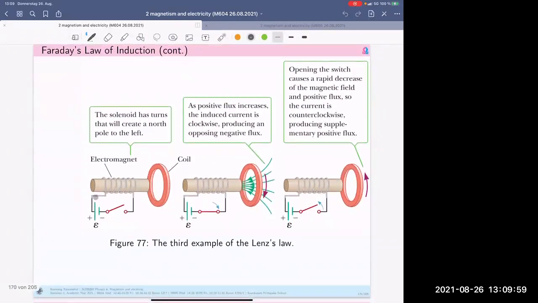Something else, you can have the same situation even if you don't use permanent magnets. If you use something different that has the same property, it's called an electromagnet, not a permanent magnet. Both are magnets, objects that generate a magnetic field, but a permanent magnet has nothing to do with modification.